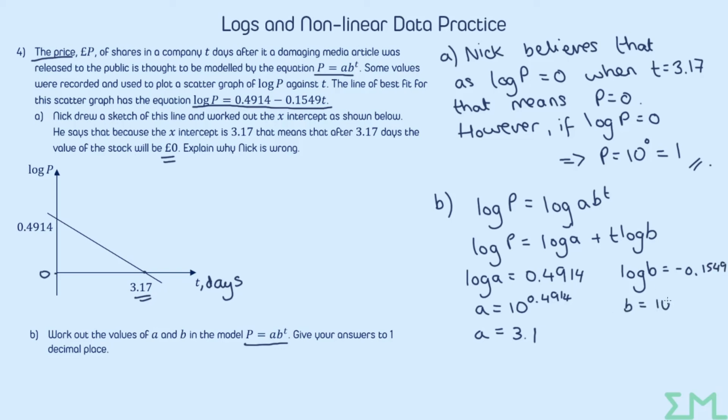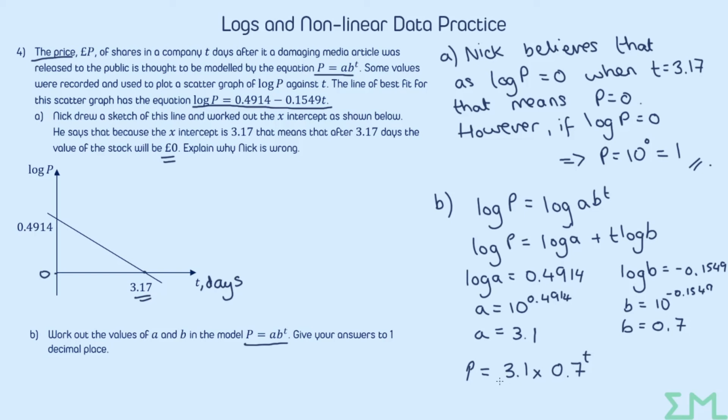So b is 10 to the minus 0.1549. And that gives us a value of b being 0.7. Okay, so our final model then is that p equals 3.1 times 0.7 to the power of t.